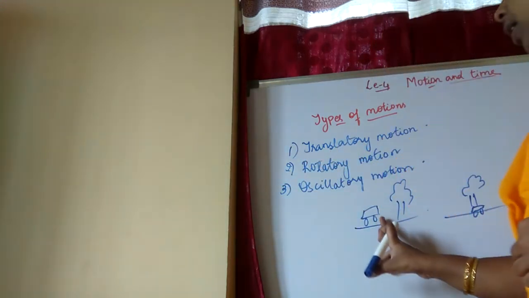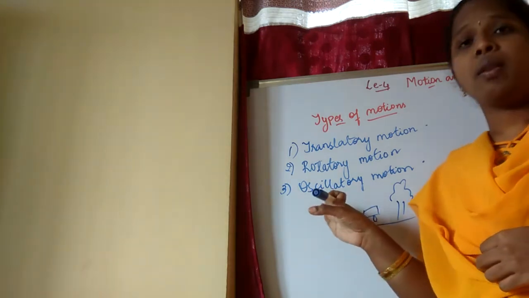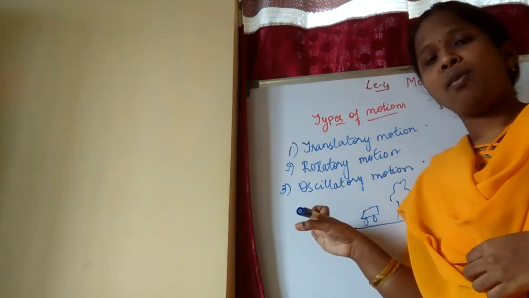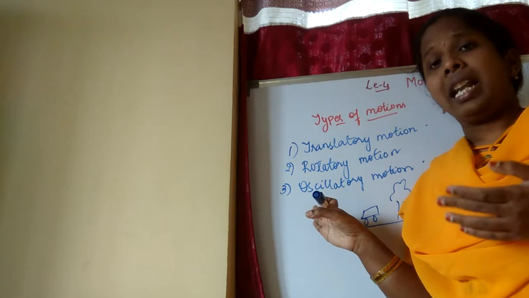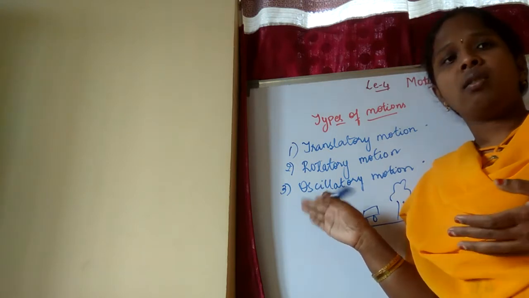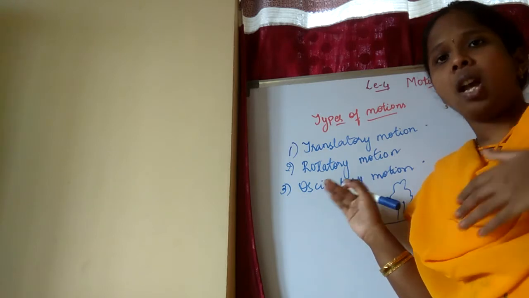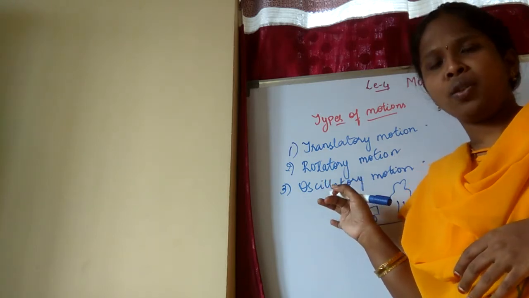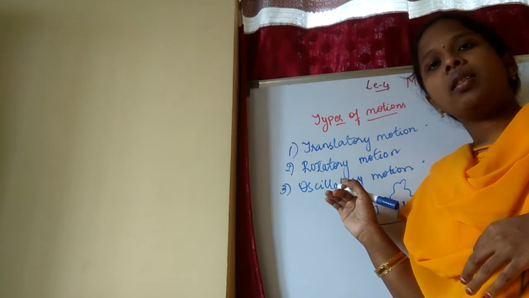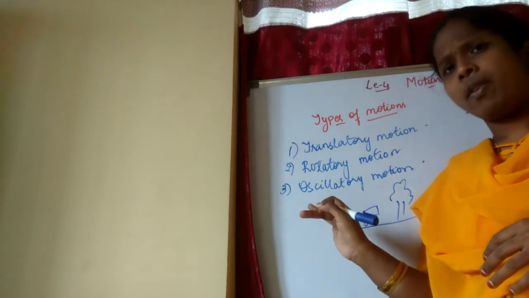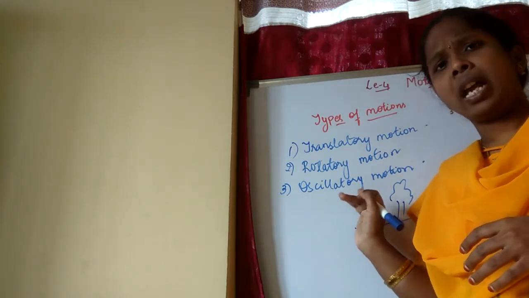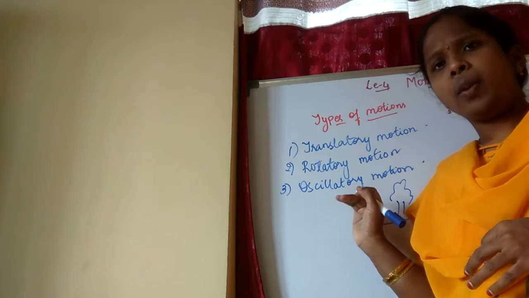So here the bus is there now. What are the parts of the bus? Wheels, glasses, windows, headlights. These all come under the bus's parts. All parts of the body are in motion only, no? So you can take it as an example of a car or a bus or other vehicle.